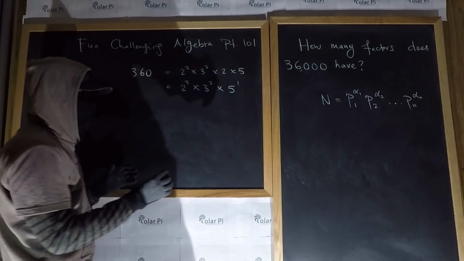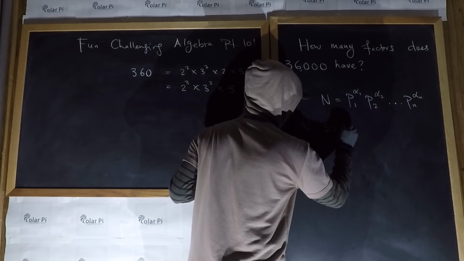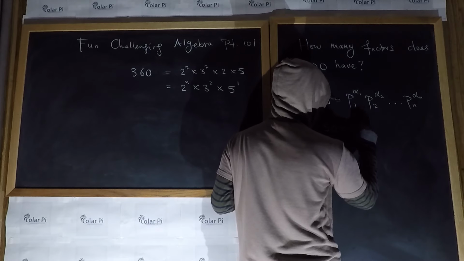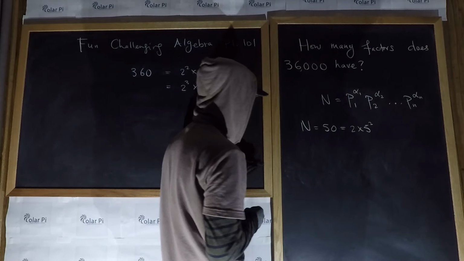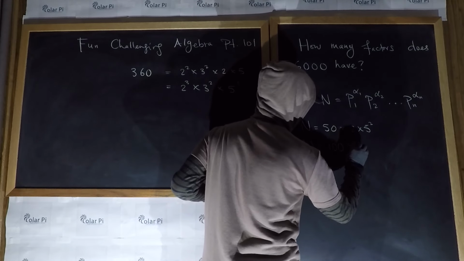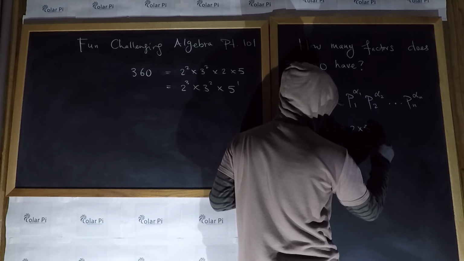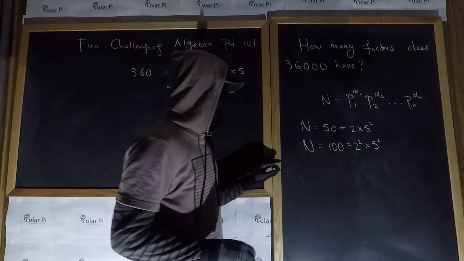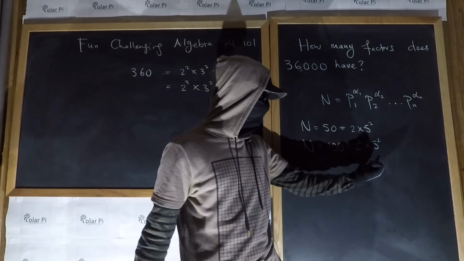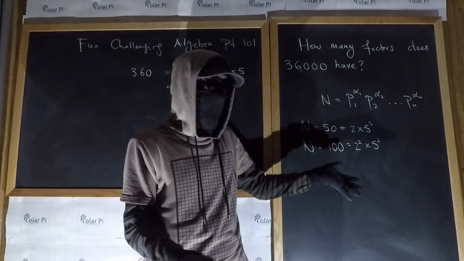It's unique to a power because if n is 50, the prime factorization of 50 is 2 times 5 squared, 2 times 25. Whereas if n is 100, the prime factorization is 4 times 25, so that's 2 squared times 5 squared. If we're only considering the prime factors, both 100 and 50 use the two primes 2 and 5, so that's not unique, they use the same two primes.